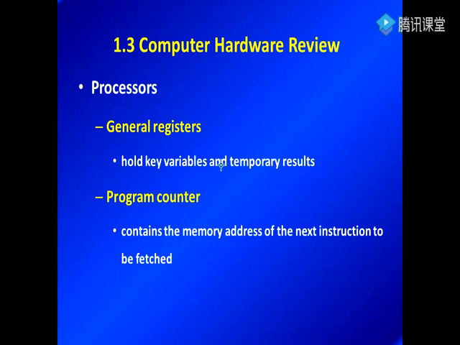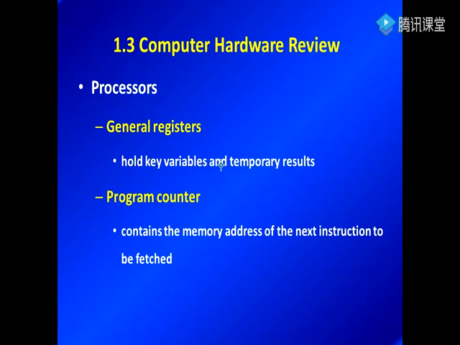Because in one CPU cycle, it just fetches one instruction from memory, but there are thousands, millions of instructions in memory. Which instruction should be fetched next? That's the question which should be answered by the program counter.